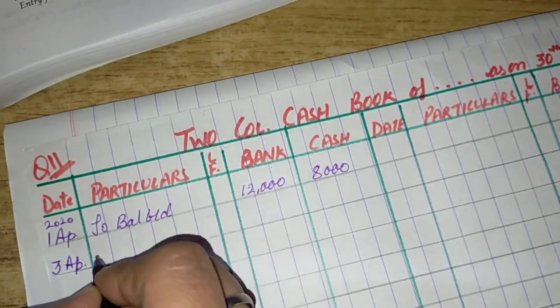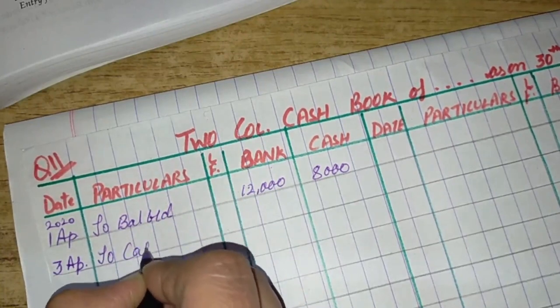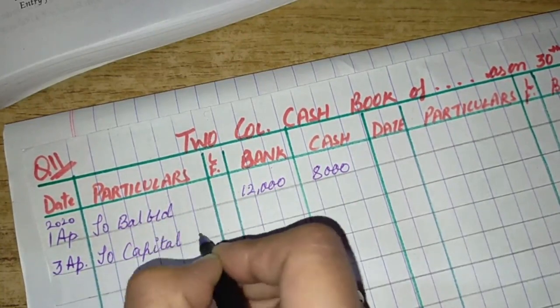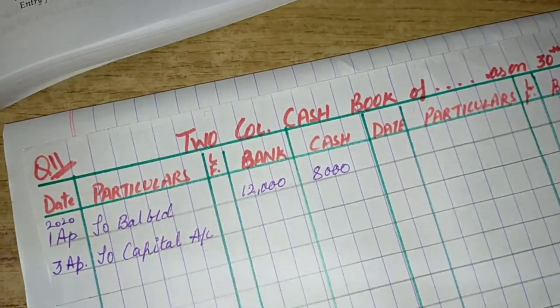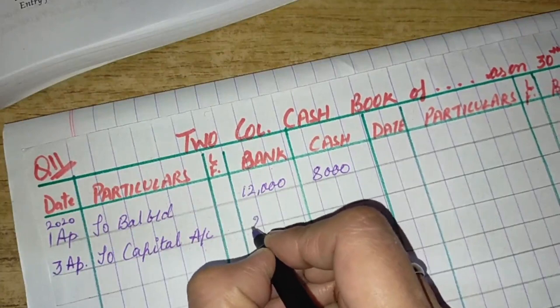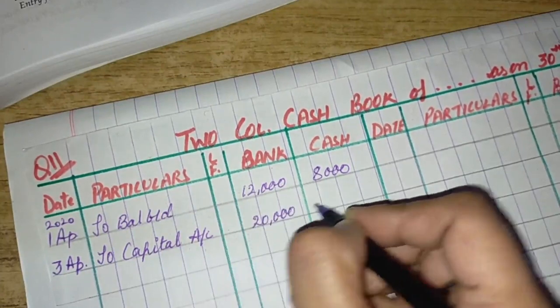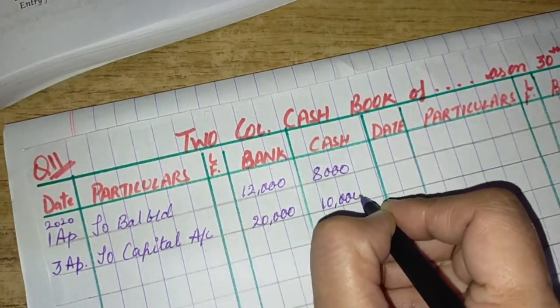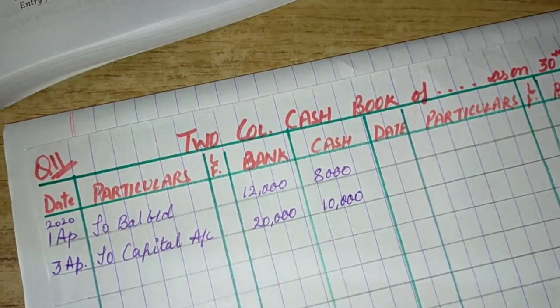So I will write here to capital account. Now this time the amount introduced is 30,000 and it is written out of this 20,000 was deposited in the bank. That means in the bank column you will write 20,000 and remaining 10,000 you will show in your cash column.